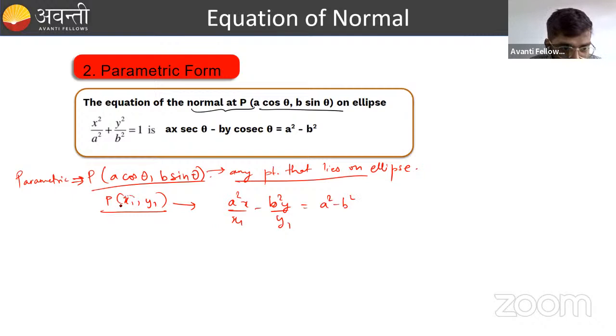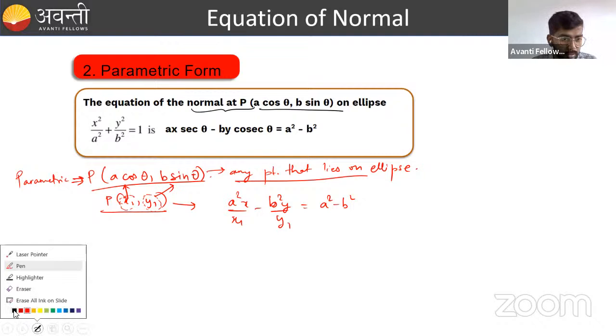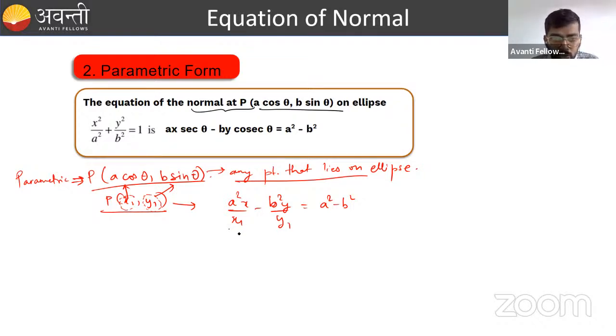Now this x1 is simply being replaced by a cos theta, and this y1 is simply being replaced by b sin theta. So let's use these 2 points here. X1 will be replaced by a cos theta and y1 will be replaced by b sin theta.